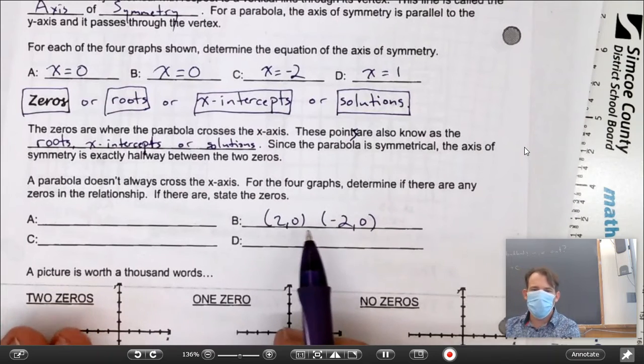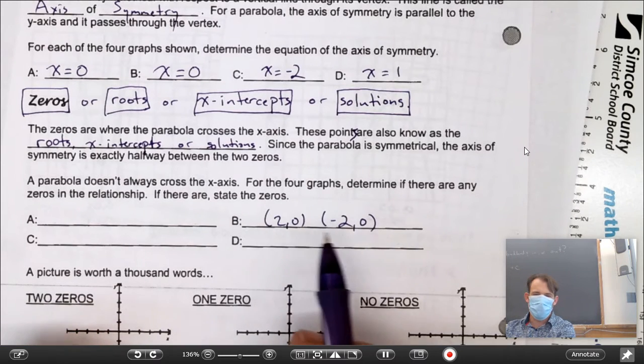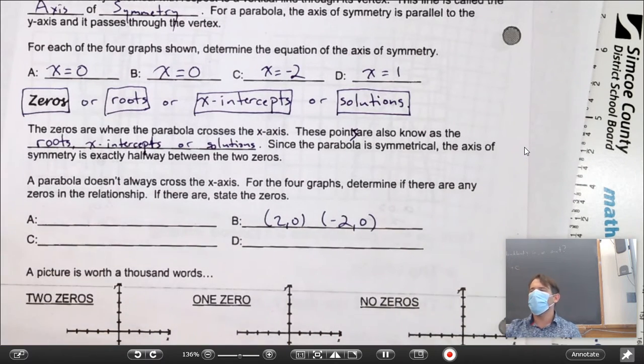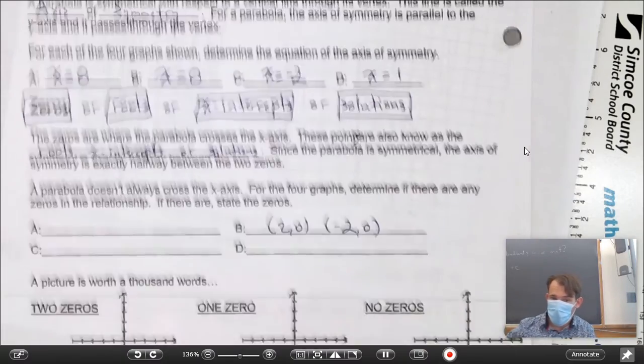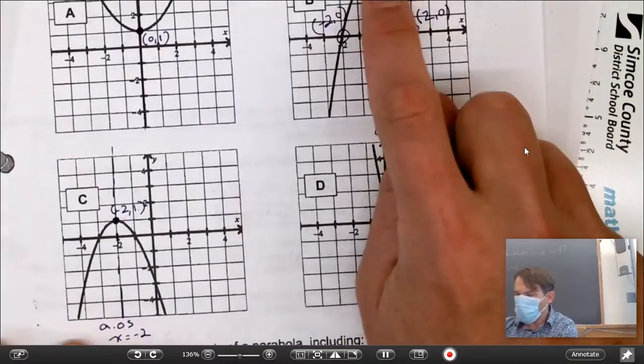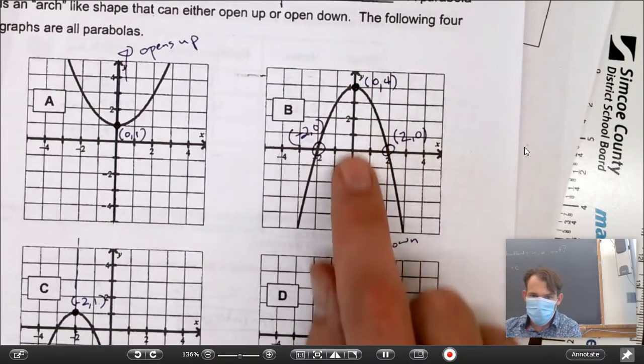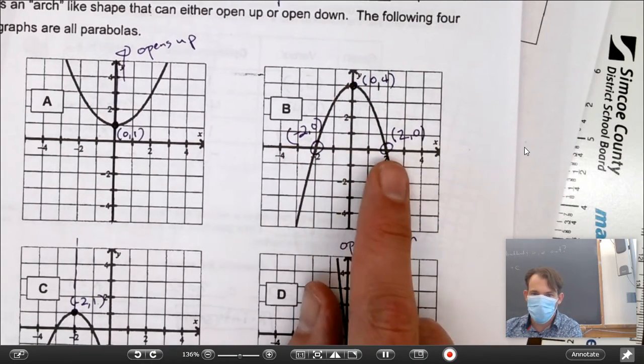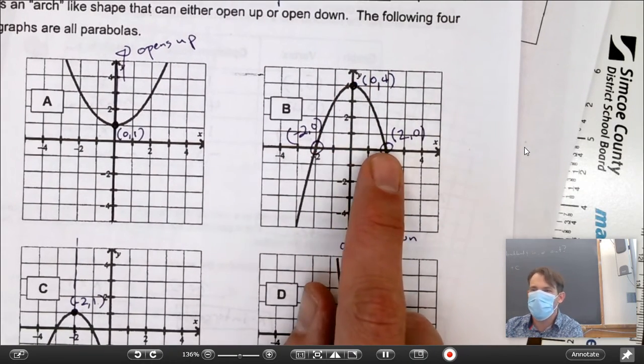If I told you that a parabola has zeros at 2, 0 and -2, 0, where would you tell me the axis of symmetry was? x equals 0, because the axis of symmetry will be right in between the two zeros. If one's at -2 and the other one's at 2, it's right in the middle, right on the y-axis. And indeed, that's what we have here: our axis of symmetry is the y-axis, and therefore the two zeros are on opposite sides.